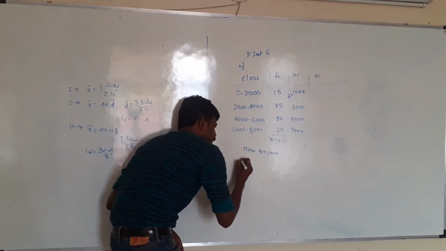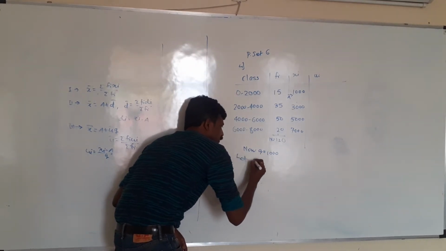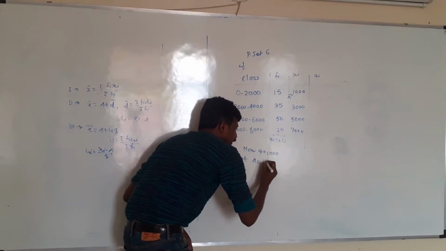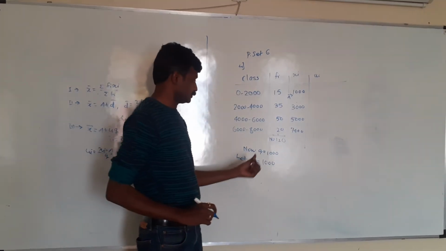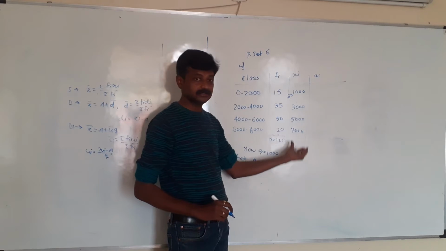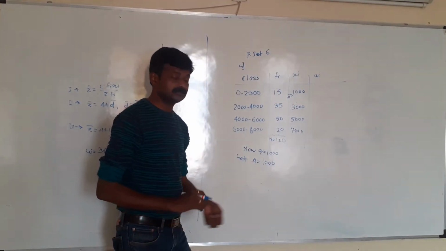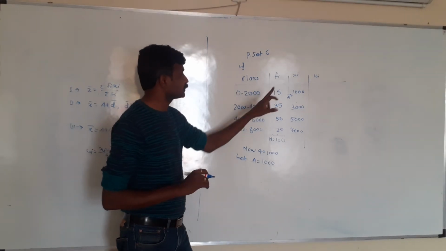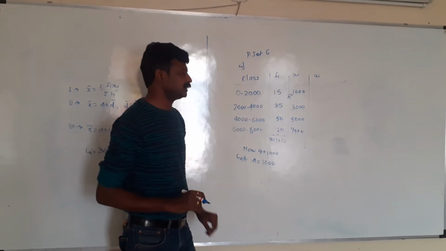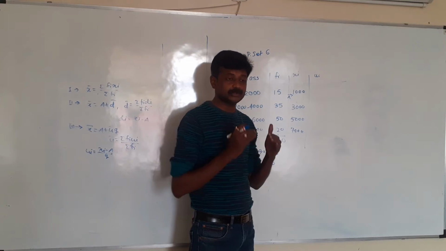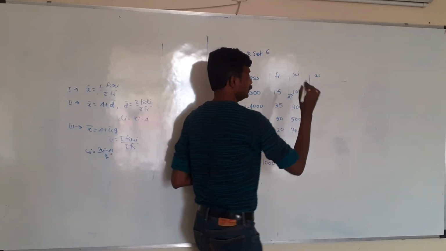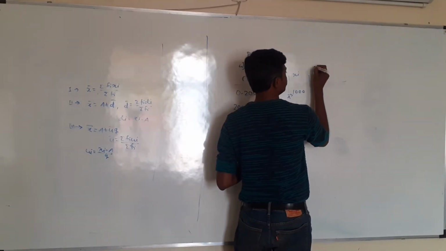So let a is equal to the first xi, that is equal to 1000. So g is equal to 1000, the greatest common divisor of xi, and a is also 1000, the first class mark. Now based on this, first ui is equal to xi minus a upon g. For understanding I will mention it here.